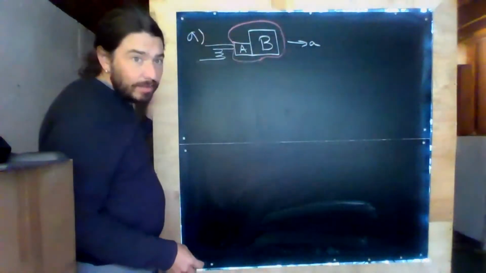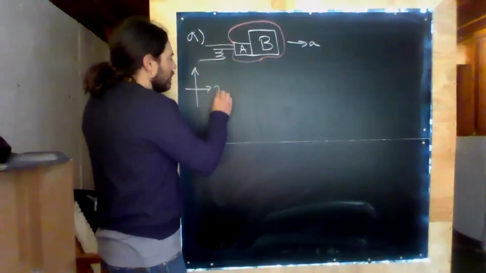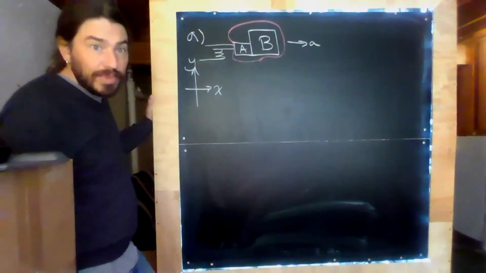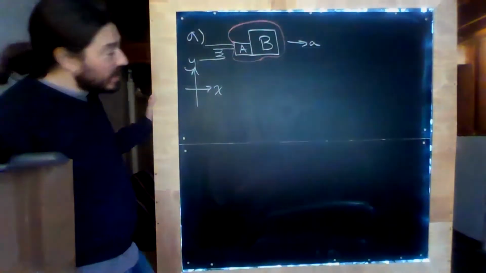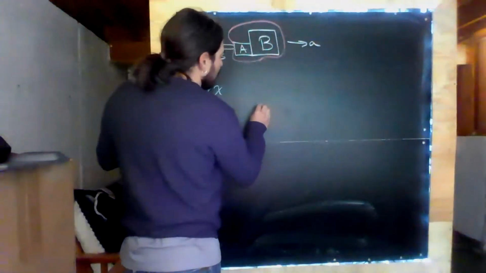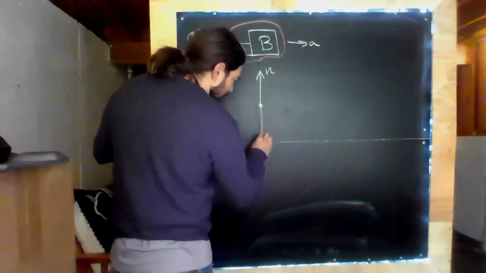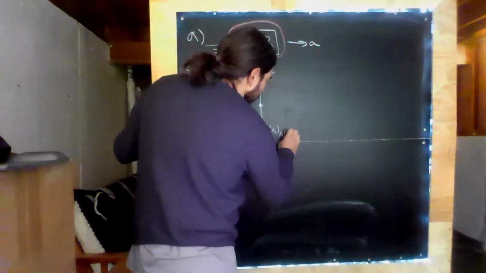Well, I drew my picture. I should define a coordinate system. Boy, no reason not to use standard. And then we should draw a free body diagram. Again, the object of interest is blocks A and B together. So that's what my free body diagram should be. We have a normal force. We have the weight. And we might just add a little note here.